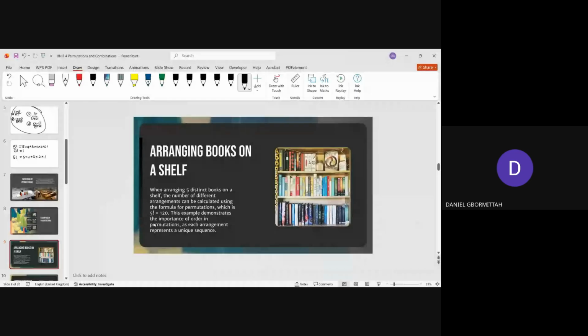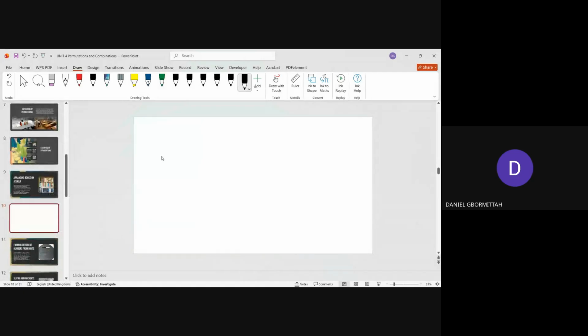So if you have 5 people and you are arranging them on a chair, that is where we have the 5 factorial. You are arranging 5 books in a shelf.